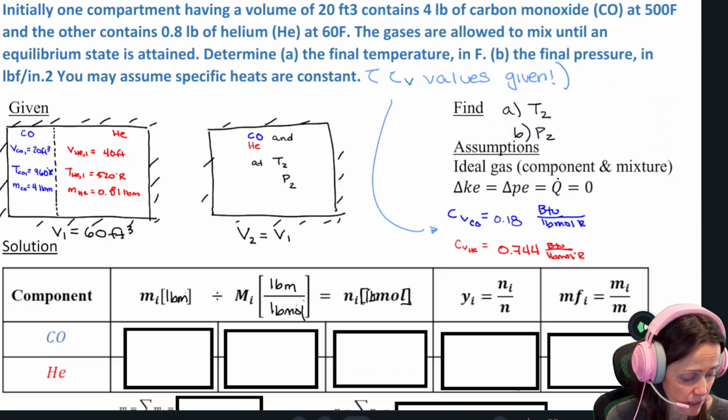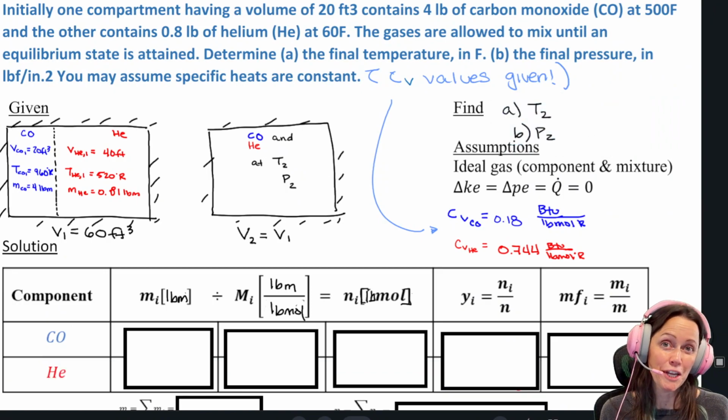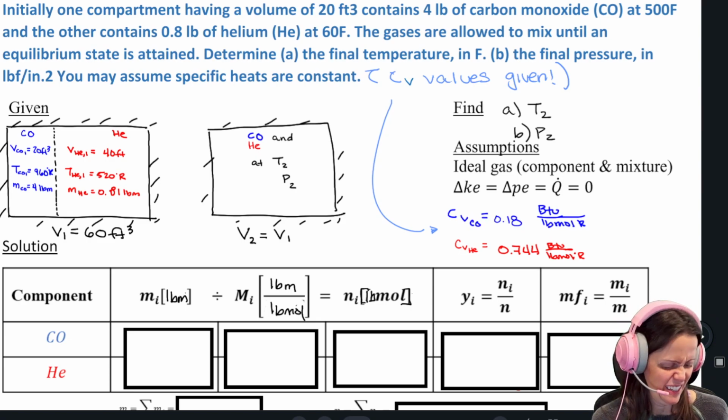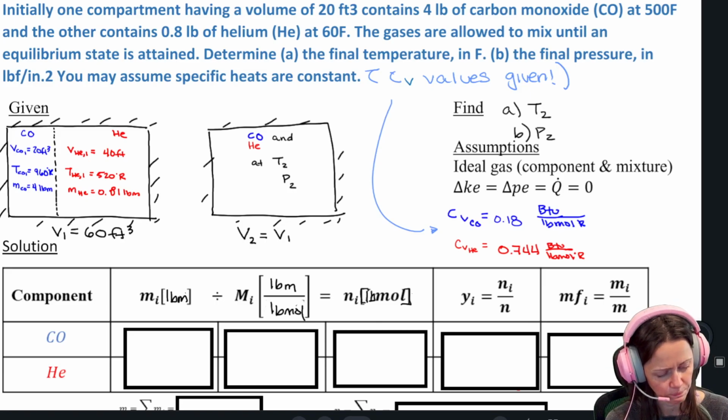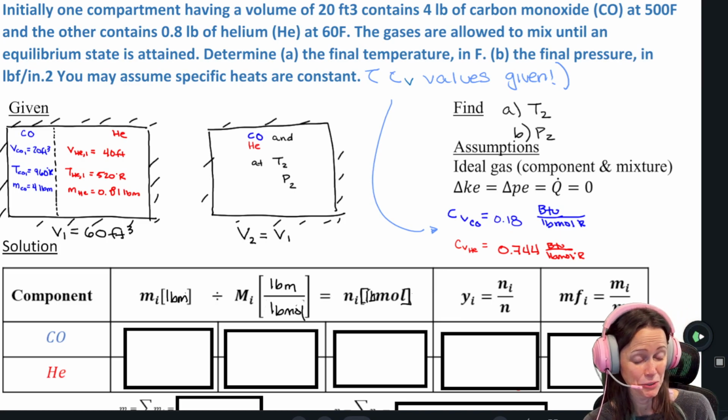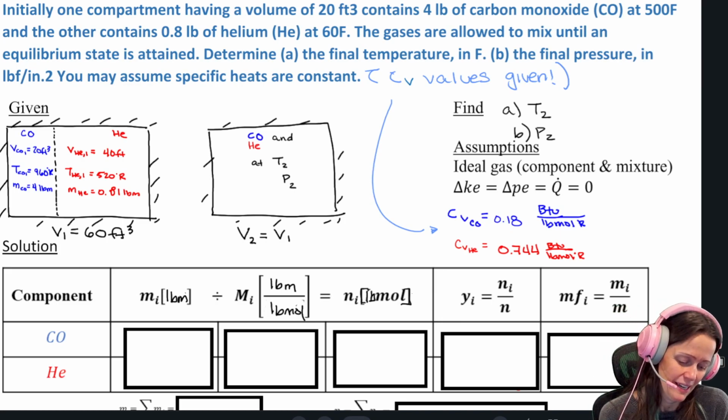So let's make an educated guess. It's going to be somewhere in there, and I based my CV value on that. And then my CV for helium is 0.744 BTU per pound mole degree Rankine. That one's kind of hidden in table A21 if you're curious.